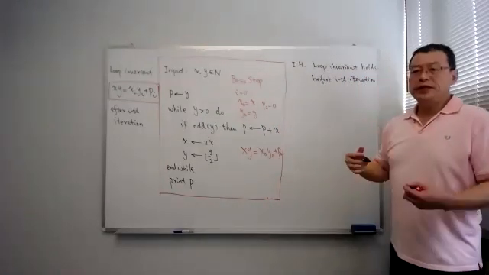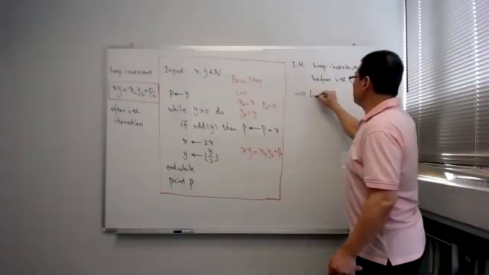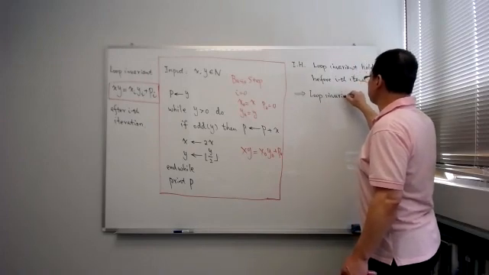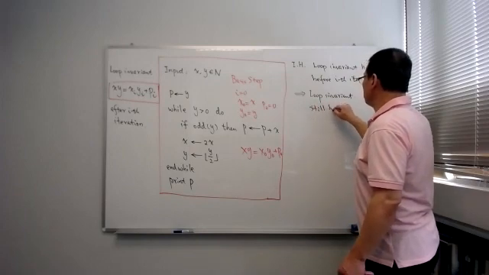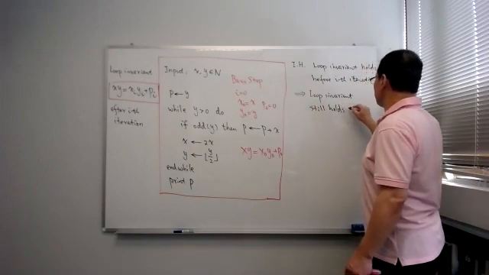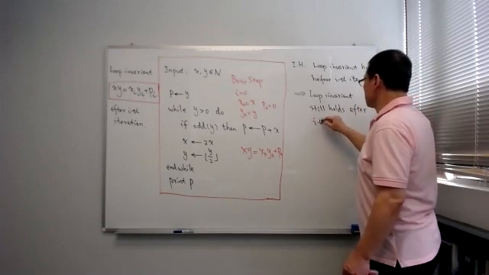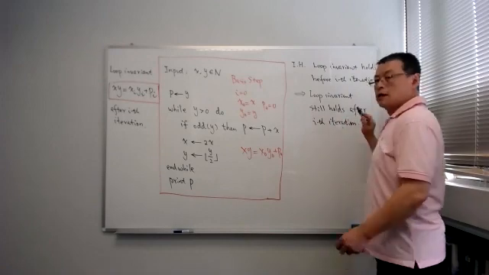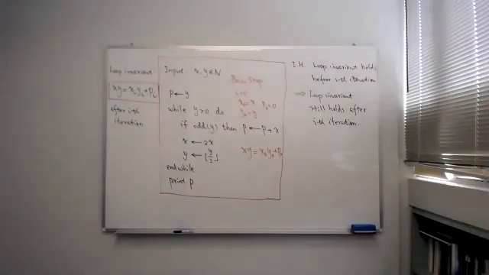All right. So what we need to prove is the loop invariant still holds after the ith iteration.